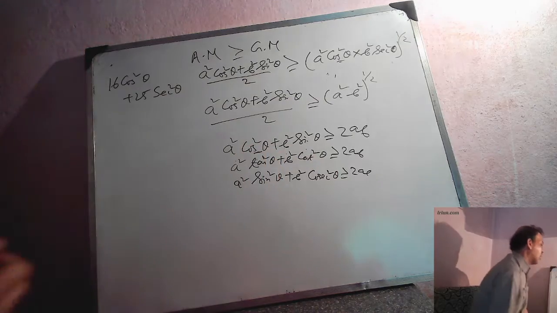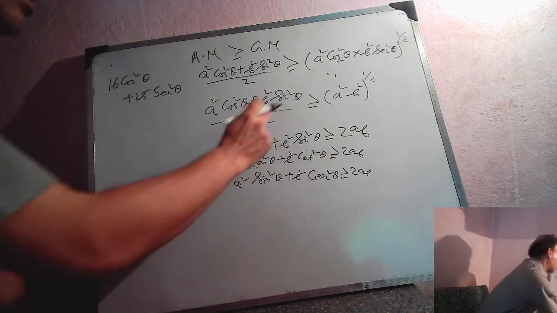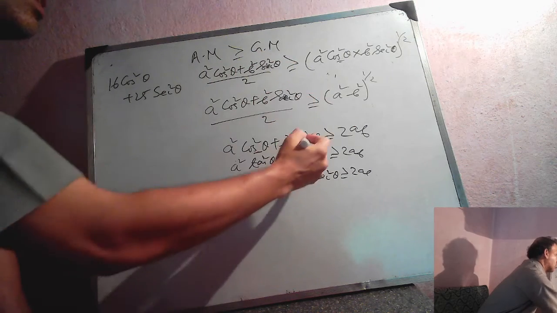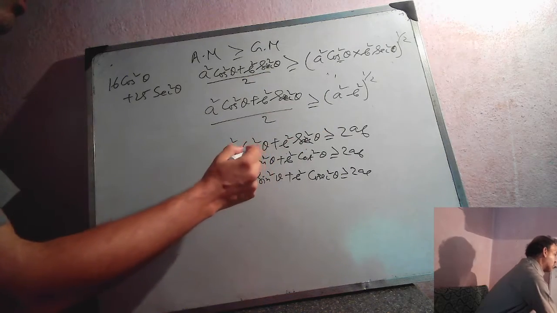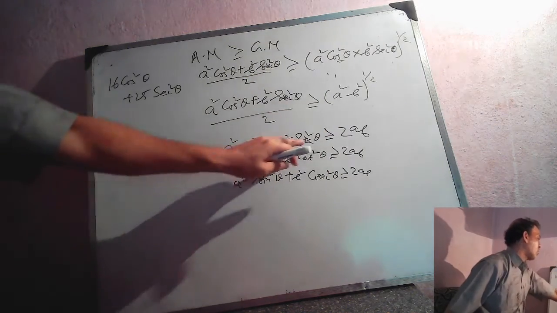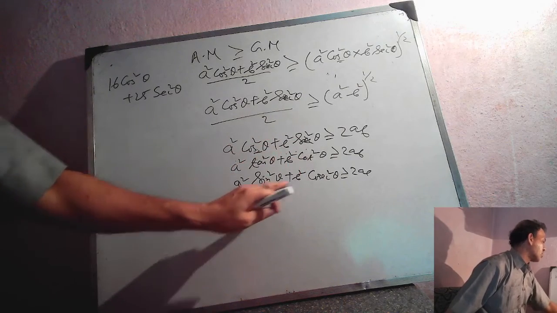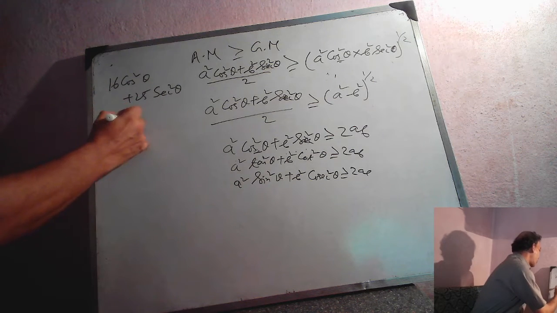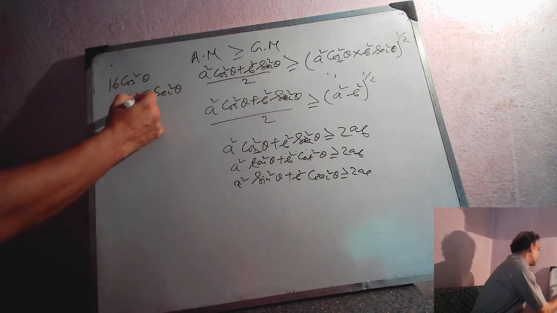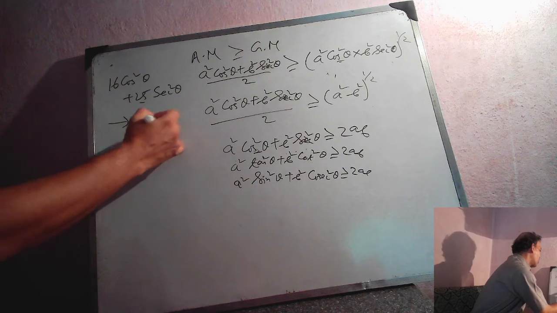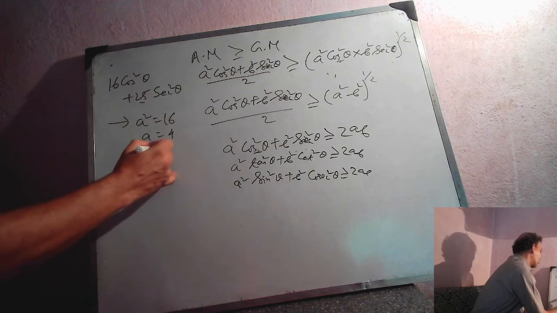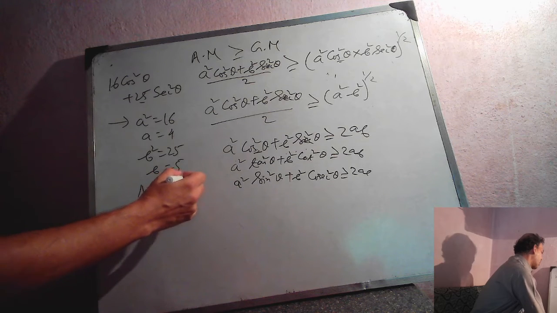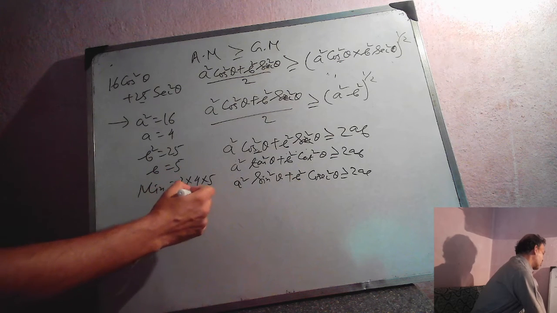We are taking cos and its reciprocal: cos square theta and sec square theta. Cos and sec are reciprocals, tan and cot are reciprocals, sin and cosec are reciprocals. So its minimum value will be twice ab. Now a square equals 16, so a equals 4; b square equals 25, so b equals 5. So minimum value is twice ab, 2 into 4 into 5, which is 40.